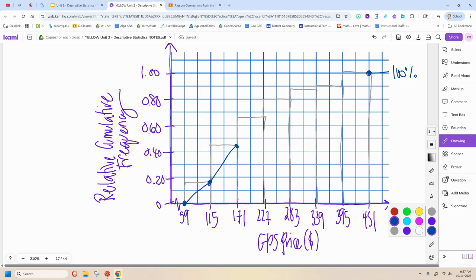And so it's at the end of each bar, or where the new bar begins, that you connect your points. The very last bar has your 100% at the end. Your first bar has your 0% at the beginning. So this line graph is what your ogive is.